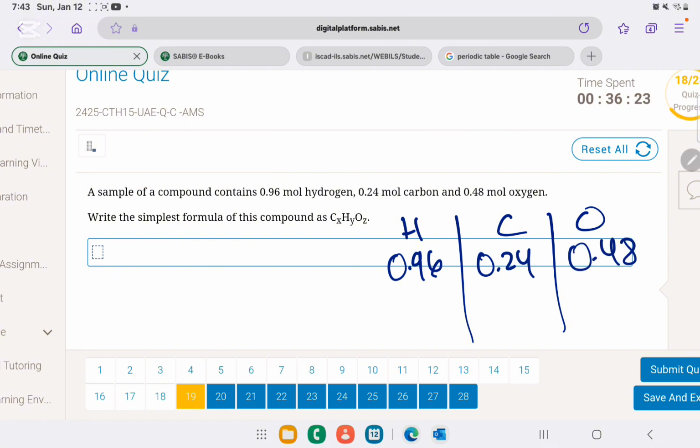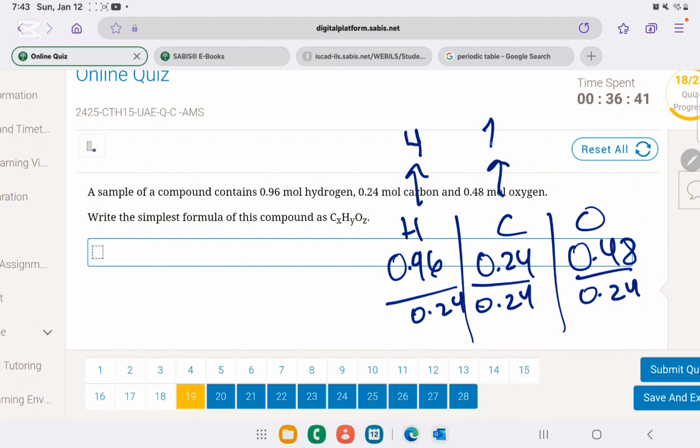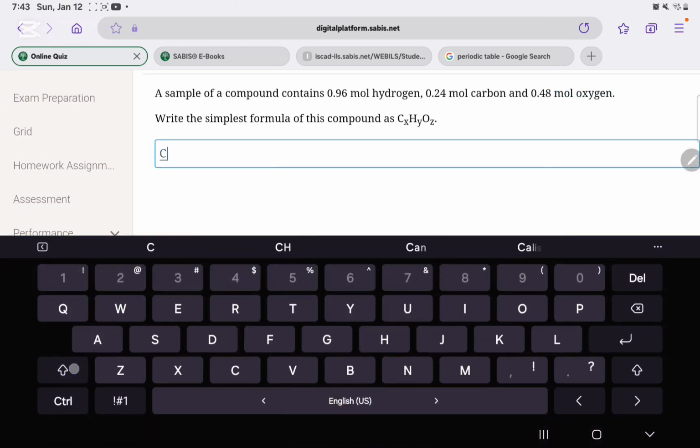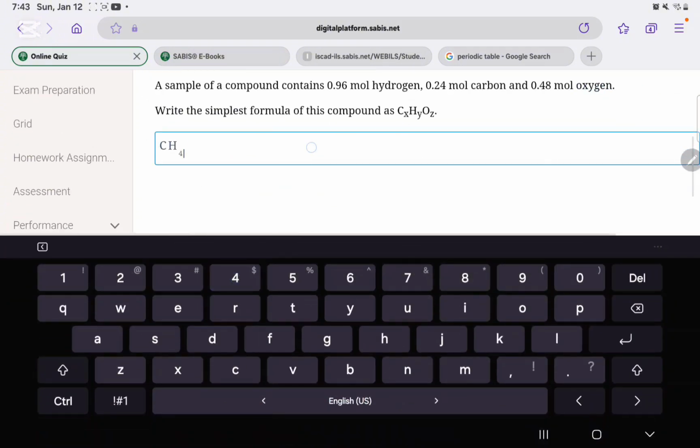They already gave us the moles, so we just need to divide by the smaller number. So divide all of them by 0.24. You're going to get 4, 1, and then 2. So it's CH4O2.